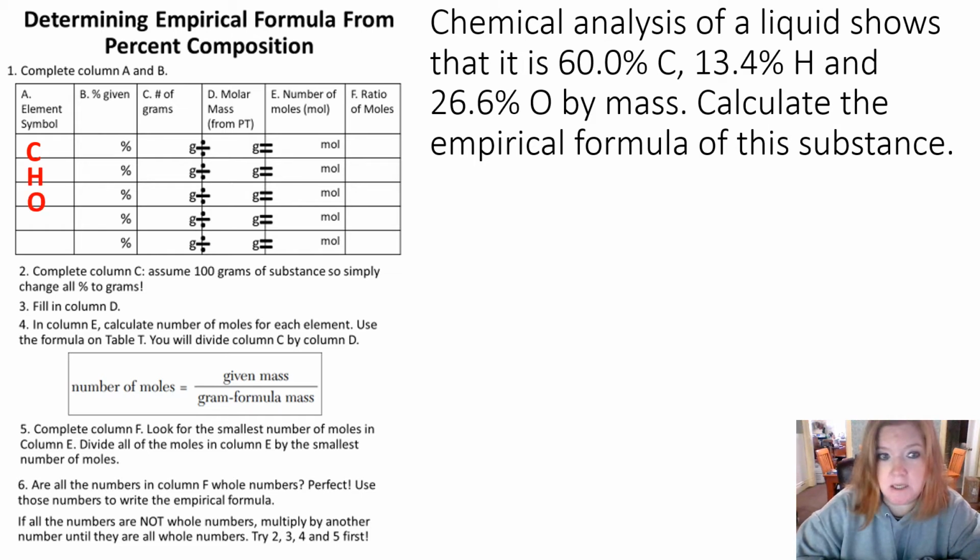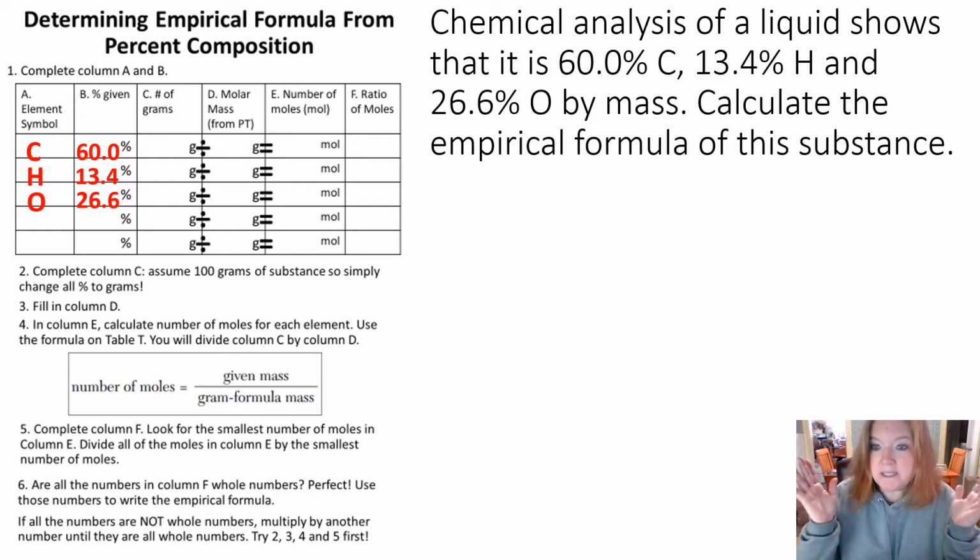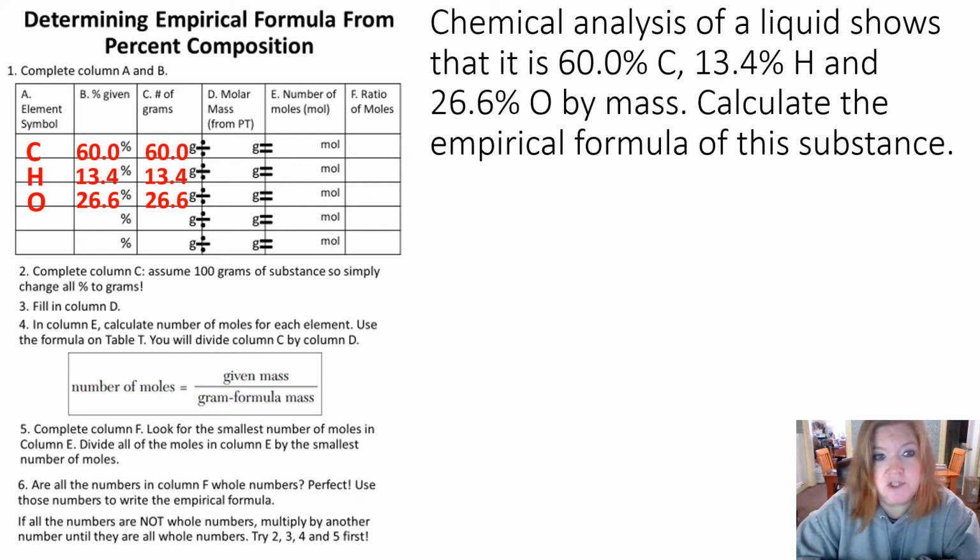Write the percent that's given in the problem. Now, since percents are out of 100, I'm just going to make an assumption that makes sense. I'm going to assume instead of whatever number of grams, I'm going to assume I have 100 grams because percent is based out of 100.